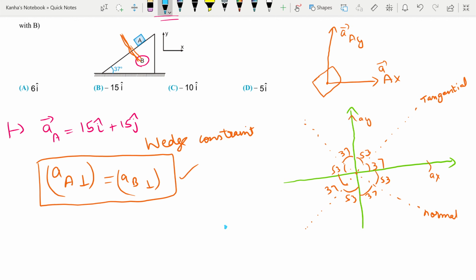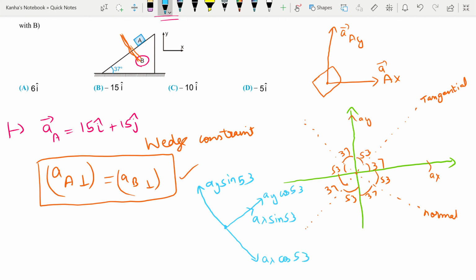I'll make this again. I have AY sin 53 and AY cos 53. In the same direction, I have AX sin 53, and in the opposite direction, I have AX cos 53.